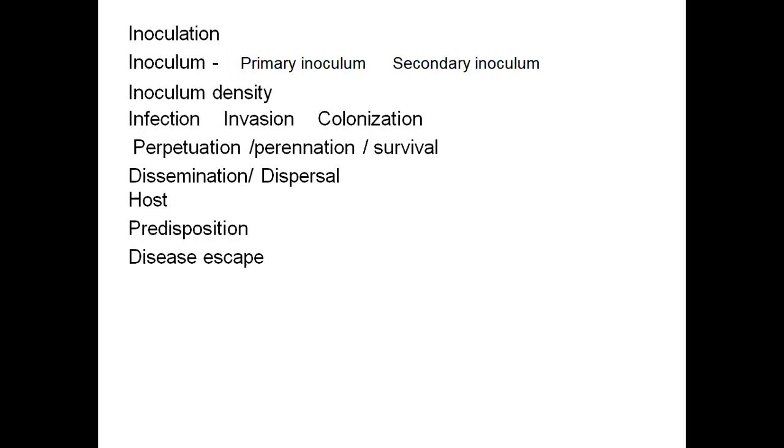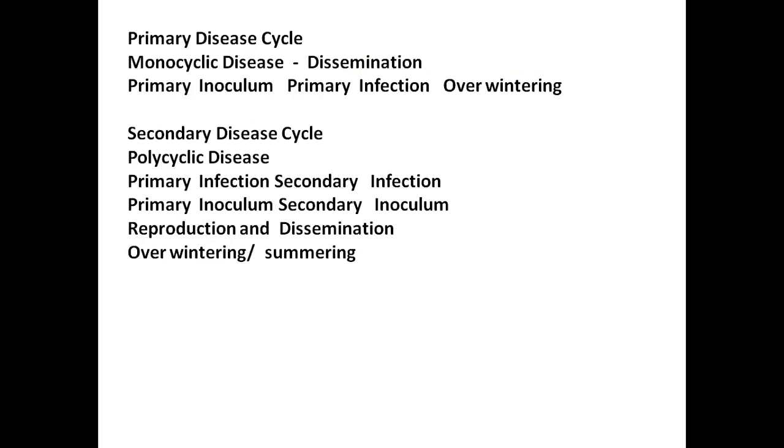Here we can see the inoculum, primary inoculum, secondary inoculum, then the density of inoculum, how the pathogens cause infection and colonize, how they perpetuate, how they survive, and how they disseminate to the host. So on that basis, there are two types of cycle: on the basis of the inoculum or the nature of the pathogen.